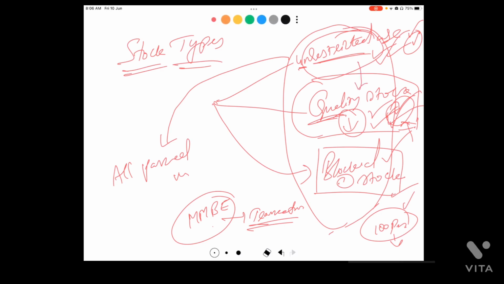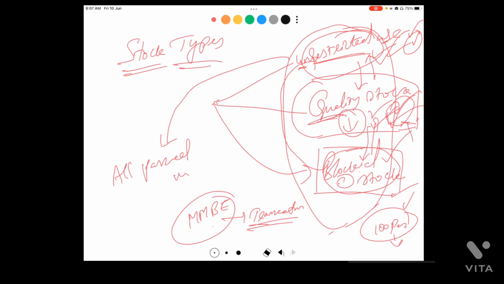If the quality check fails and the stock is not good, then I can move from quality to blocked. From blocked, when I recheck and see that these goods are good, I can move them again to unrestricted, or recheck the quality again. So there is a transfer posting.